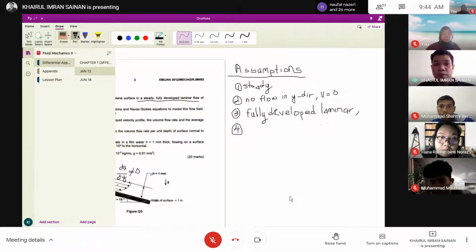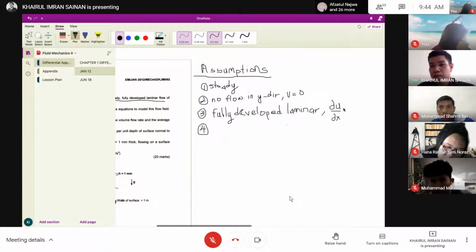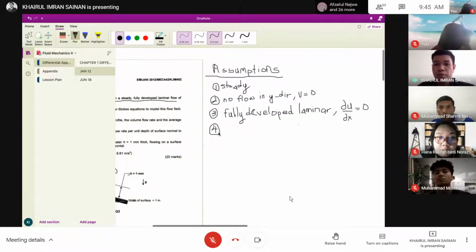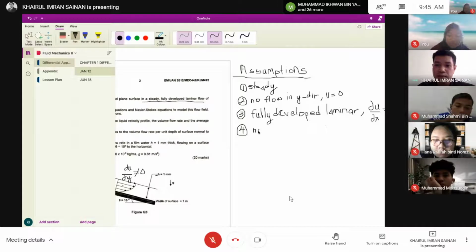So fully developed laminar flow, once again, you have del u over del x equals to 0. So that's the last one, number 4. Everybody answer. No flow in what?